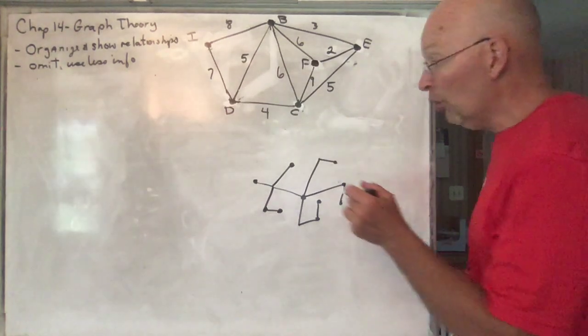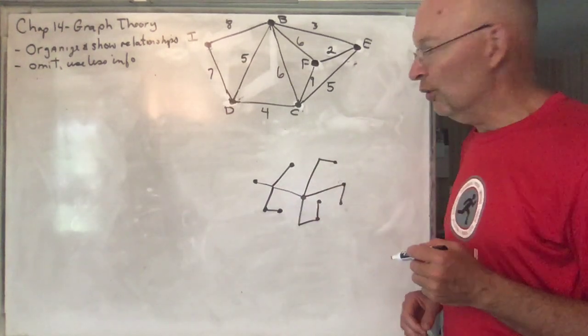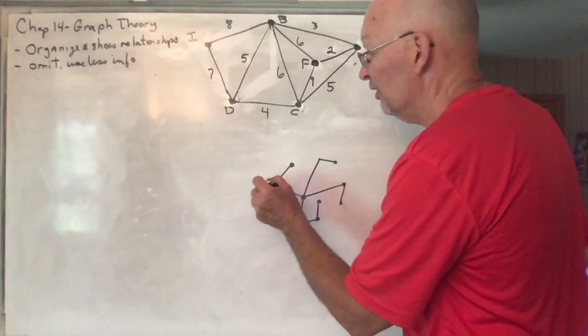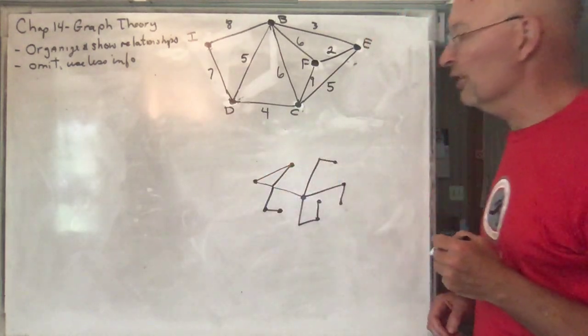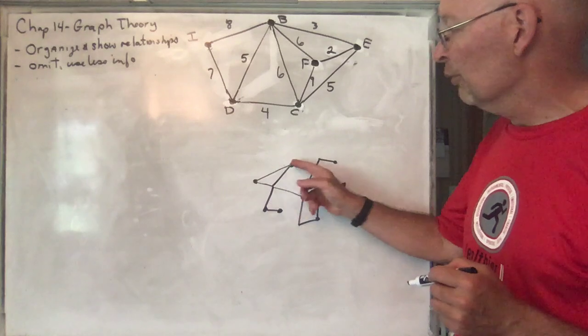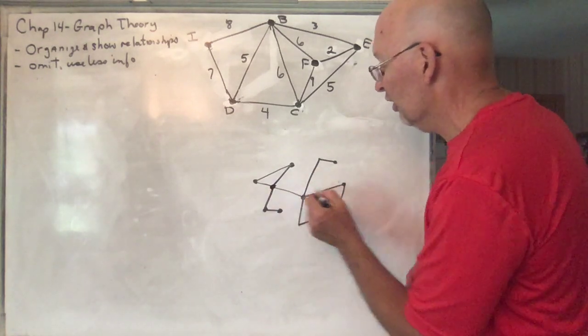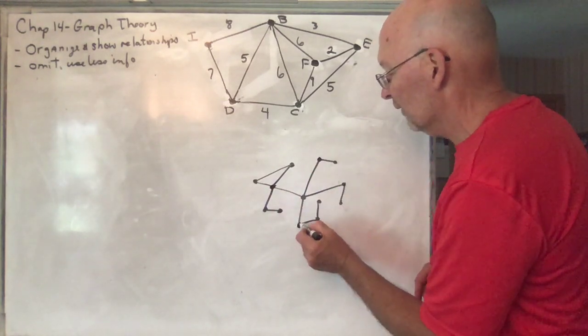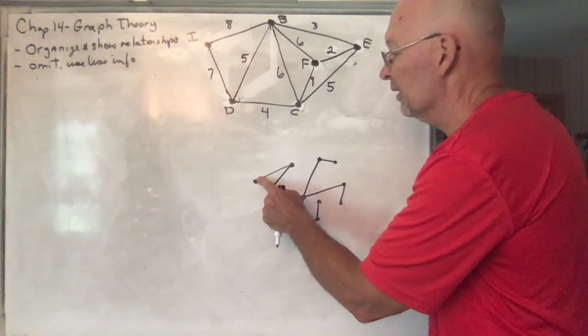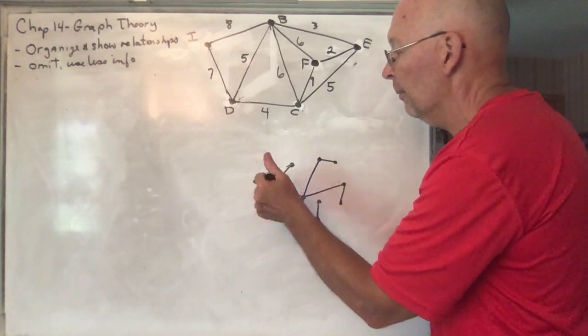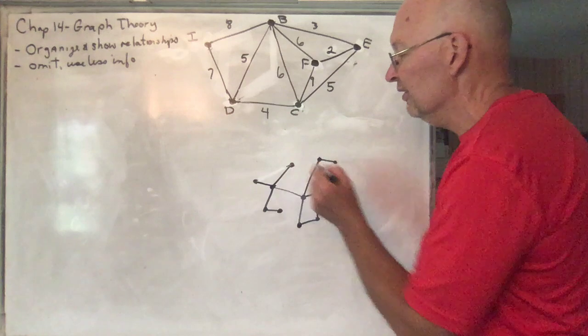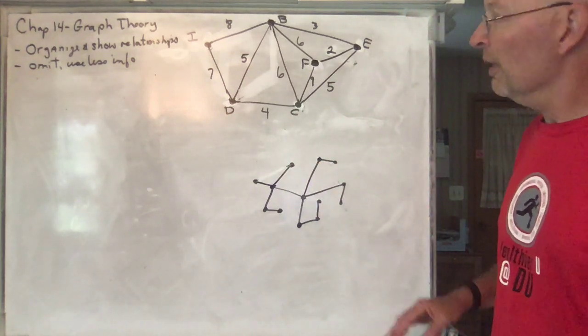Notice that what you don't need, if all you're trying to do is connect them for internet, you don't need anything like this. That's called a circuit, where you can go around and return back to your starting point, your starting vertex. No need for that because there's only one path that you need to get to any particular vertex.